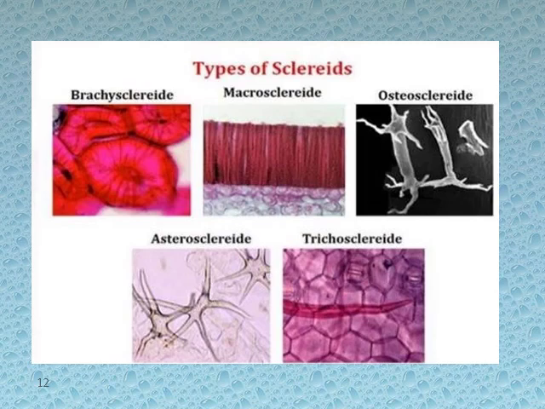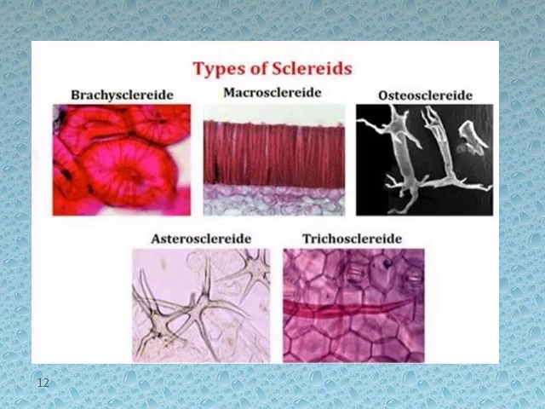So here we have different shapes of these Sclereids. First of all, we have Brachysclereids that are isodiametric in shape. Then we have Macrosclereids, which are rod shaped. Then we have Osteosclereids, which are bone or barrel shaped structures.